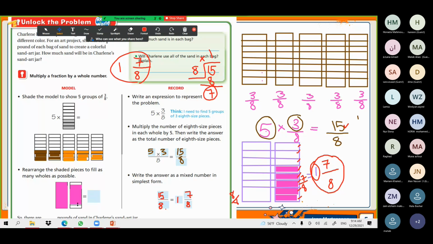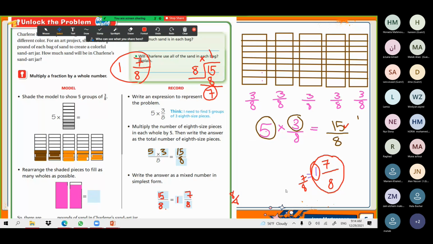Please, with your pencil or colors as you want, write what I did here. Is it clear?